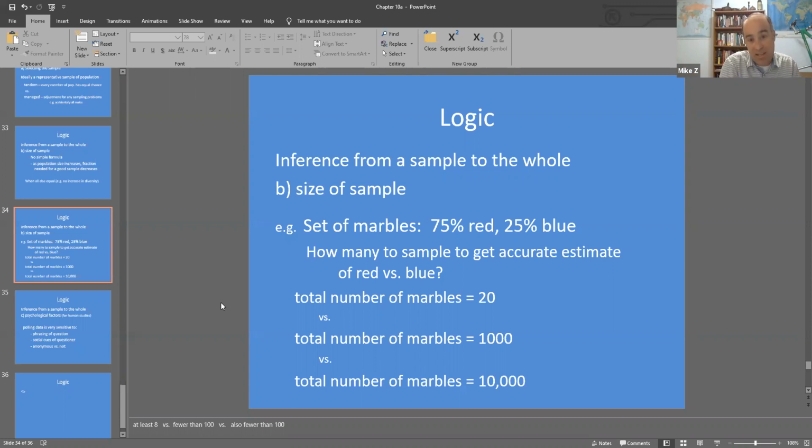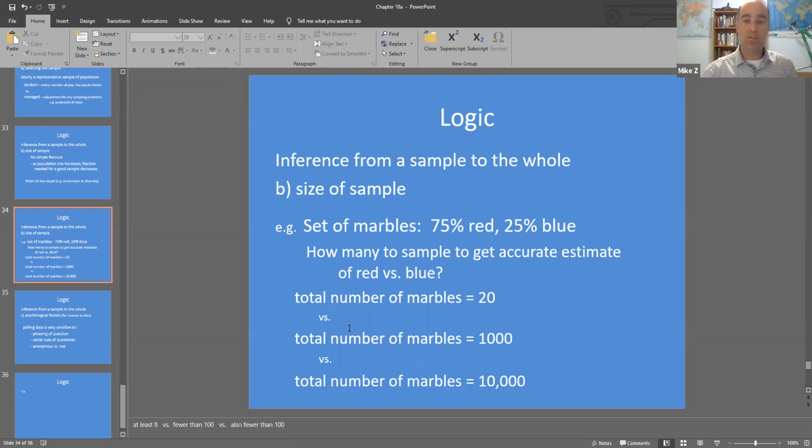When you're only picking 3 out of 20, there's a pretty good chance that could happen. And that would completely throw off your estimate of what the whole population of 20 is really like. So 10 would probably be pretty good if your population is 20. You'd probably get around 3/4 of those 10 being red and 1/4 of them being blue.